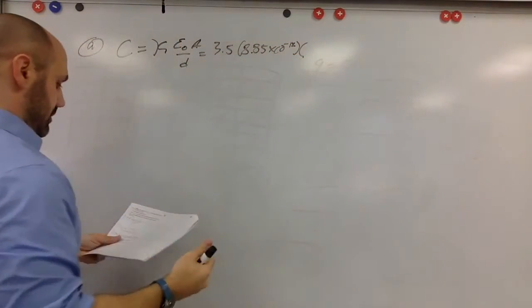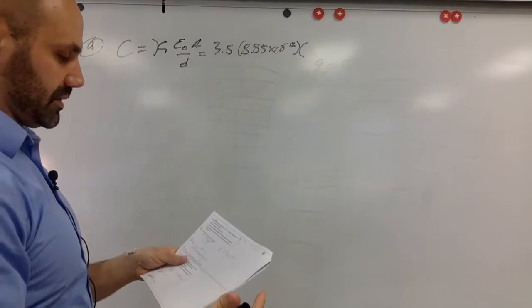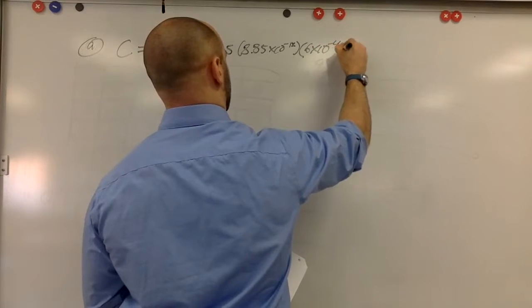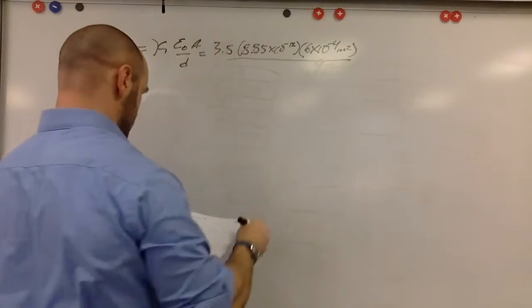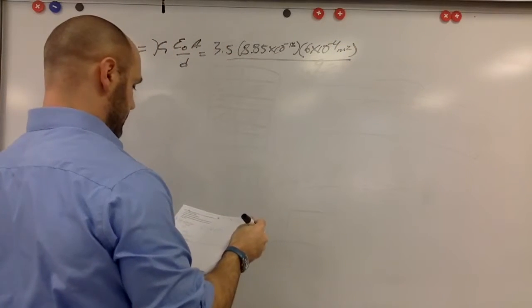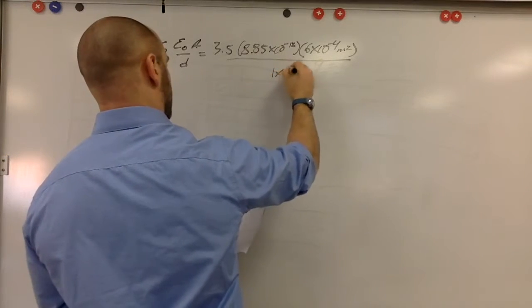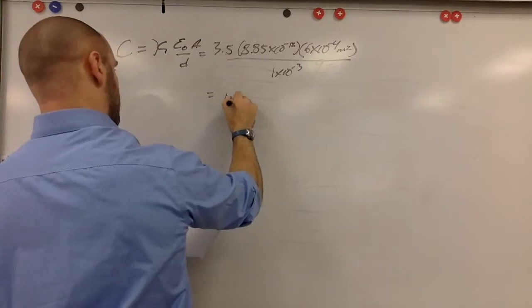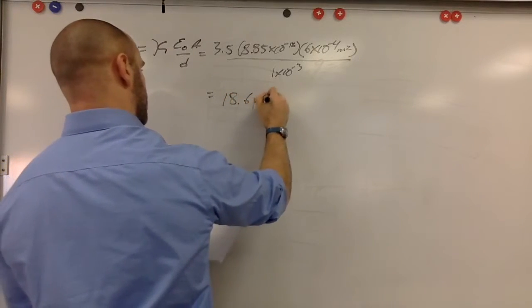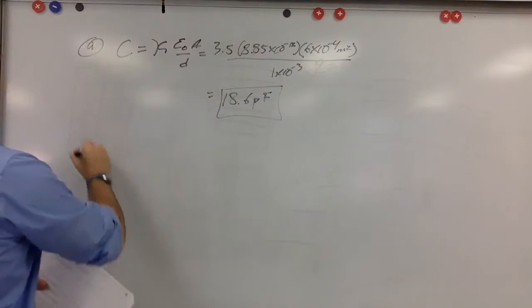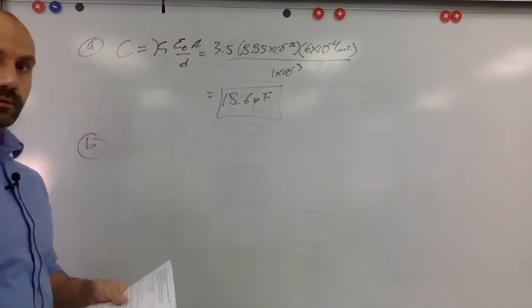And then the area is going to be 2 centimeters by 3 centimeters, so I think it comes out to 6 times 10 to the negative 4th square meters, separated by a distance of 1 millimeter, which is 1 times 10 to the negative 3rd. I think this comes out to 18.6 times 10 to the negative 12th farads. Okay. B.